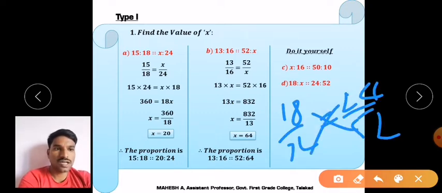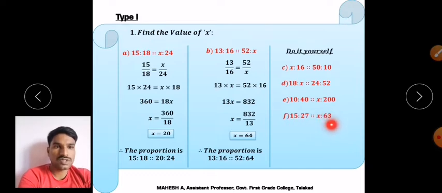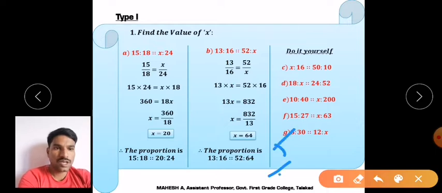You cross multiply it, you will get the answer of x. And in the third question, 10 is to 40 is equal to x is to 200. You solve it accordingly. And then 15 is to 27 is equal to x is to 63. You solve it. And then 5 is to 30 is equal to 12 is to x. The same way, that is 5 by 30 is equal to 12 by x.